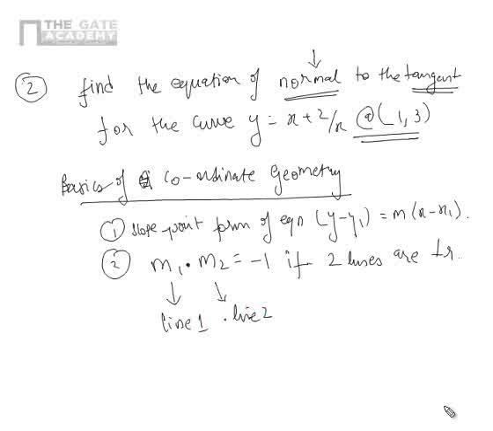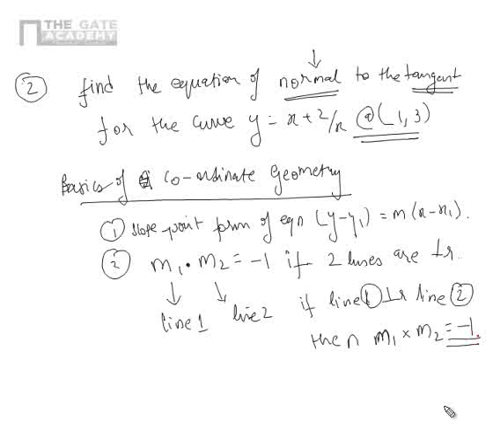If line 1 is perpendicular to line 2, then m1 the slope of line 1 into m2 the slope of line 2 will be minus 1. This is a very important concept.